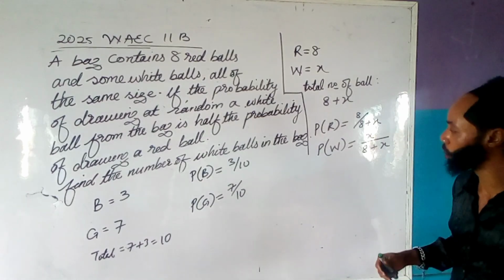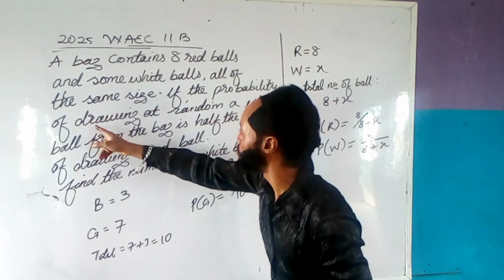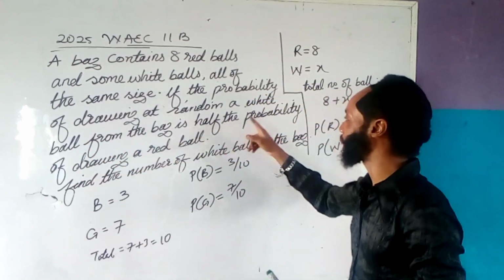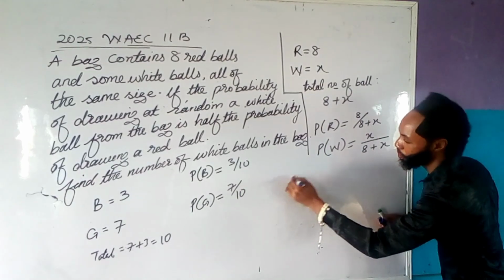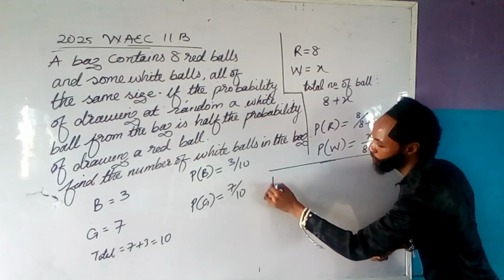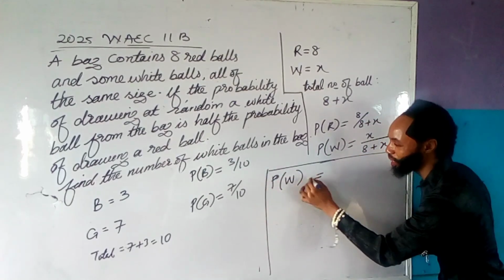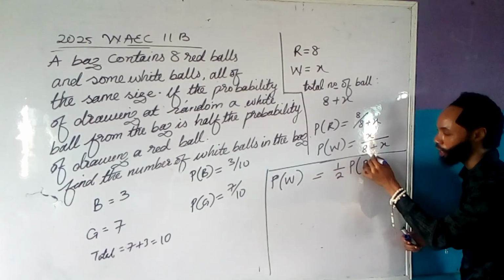Now, we continue. Are you with me? They said, if the probability of drawing at random a white ball from the bag is half the probability of drawing a red. So the probability of drawing a white is equal to half of the probability of drawing a red.